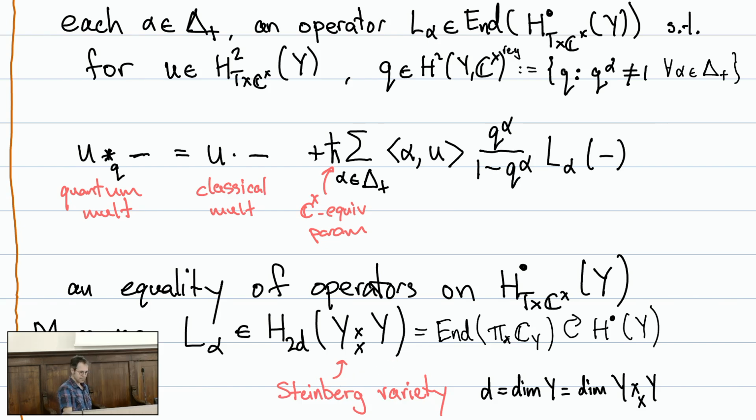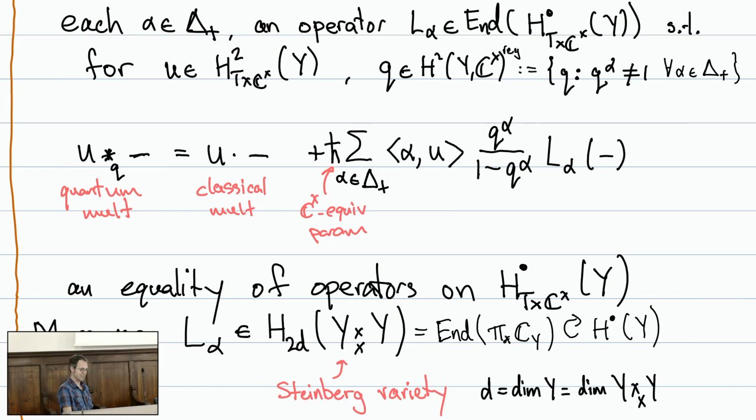Okay. So in order to understand this formula, what's the missing ingredient? Everything is known, basically, except for this L alpha. This missing ingredient is some element of what they call the Steinberg operator, some element in this homology of the Steinberg variety, which needs to be determined.